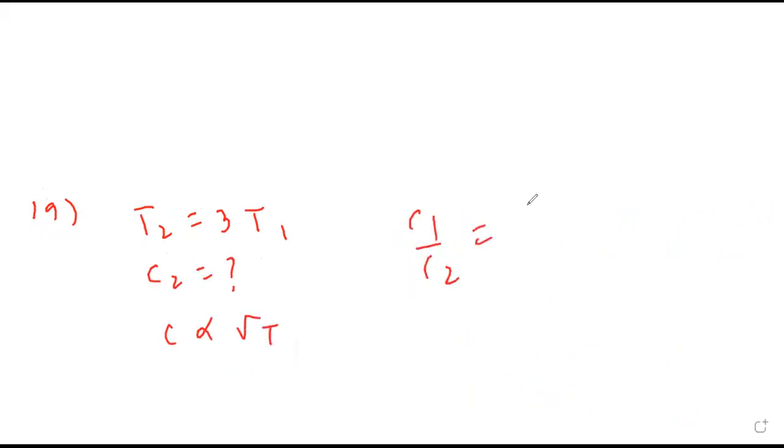19. If the absolute temperature of gas is made 3 times, then RMS speed will be how much? C is proportional to root T. C1 upon C2 is T1 upon 3T1 in root. So C2 will become root 3 times C1.